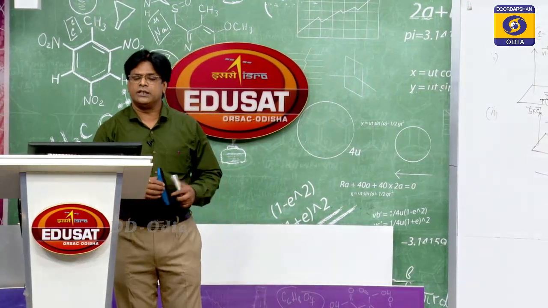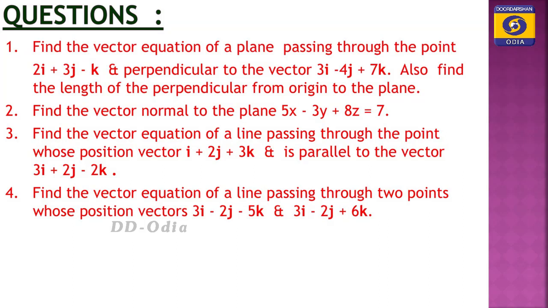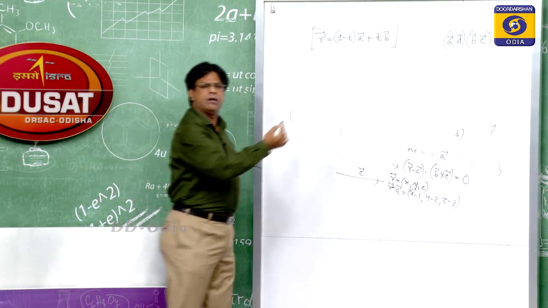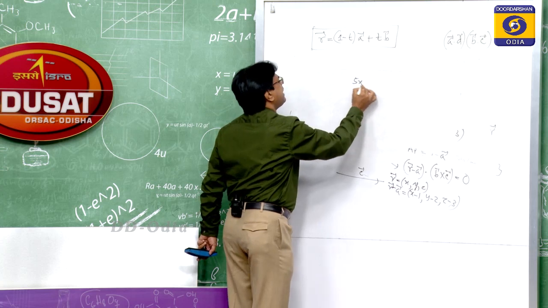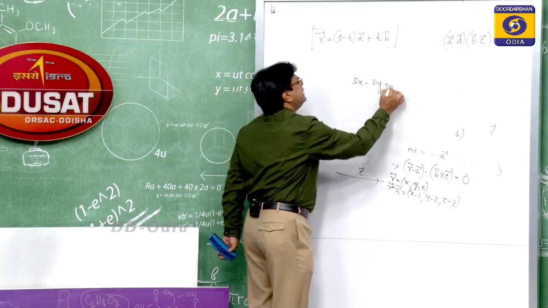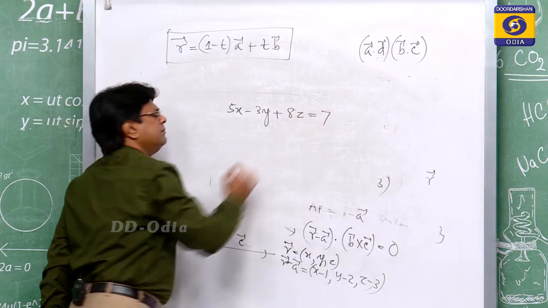Then come to the question of the vector normal to a plane. Suppose a plane is given, then you can easily find the vector normal to the plane. Suppose the plane is given as 5x minus 3y plus 8z is equal to 7.